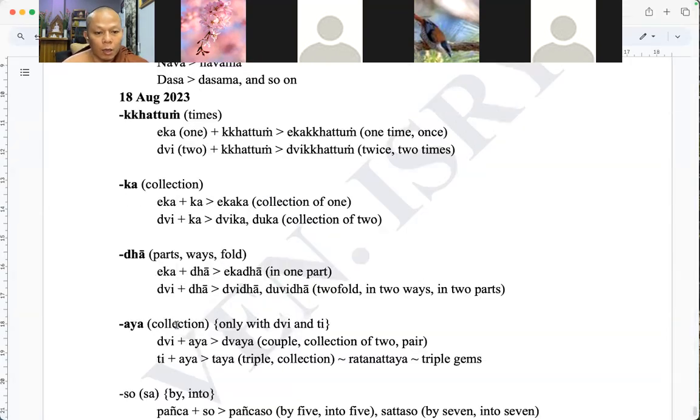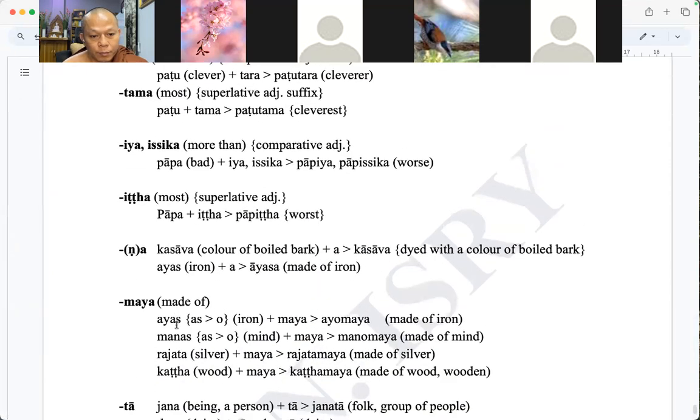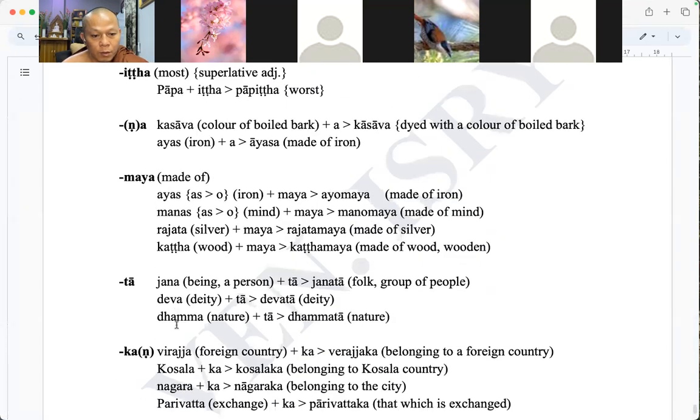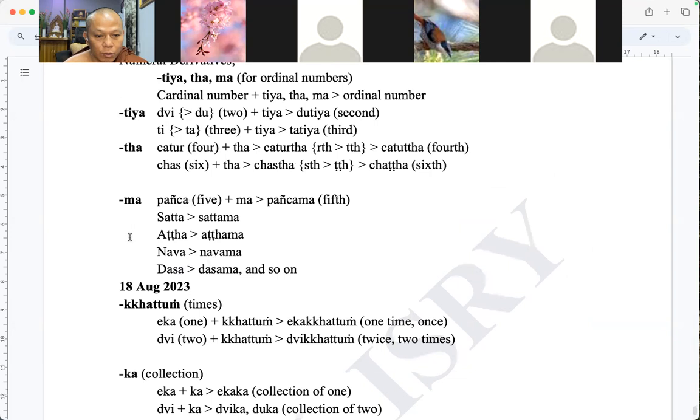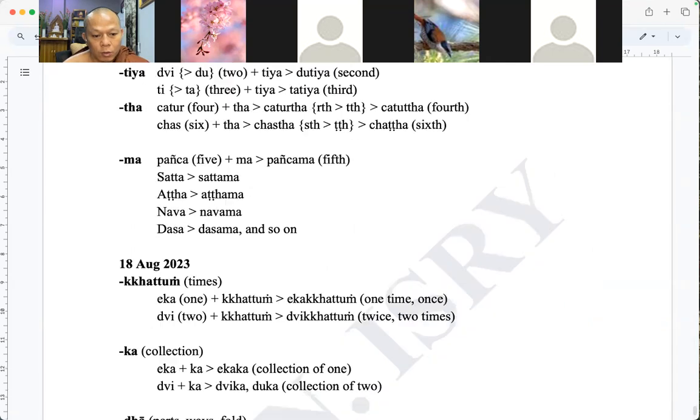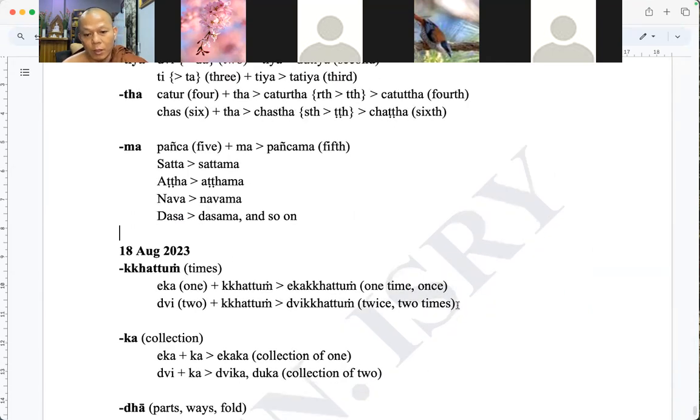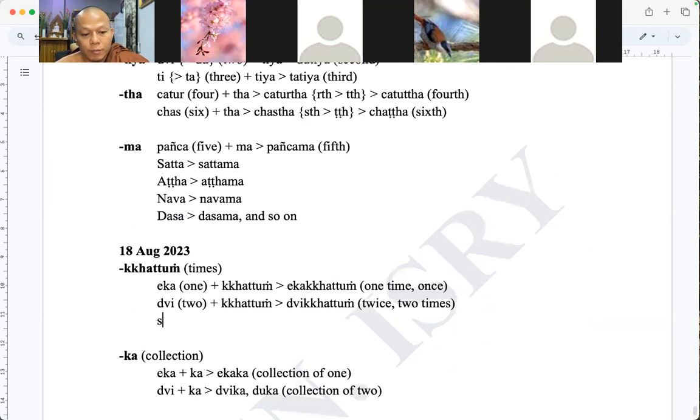For the numeral, with the kkhattu suffix, maybe we add to the sata, so satakkhattu.